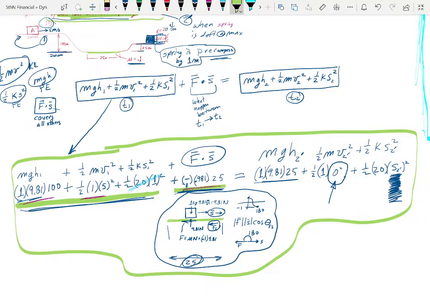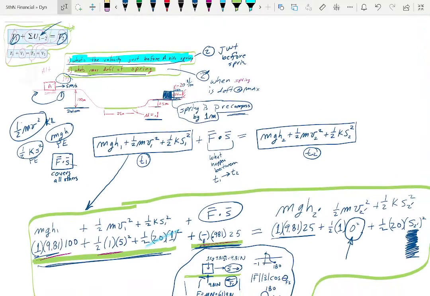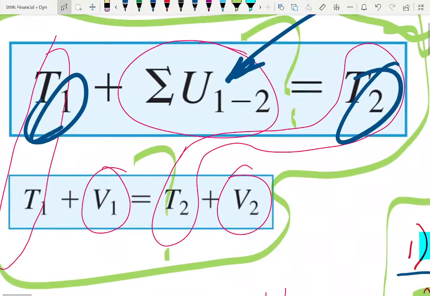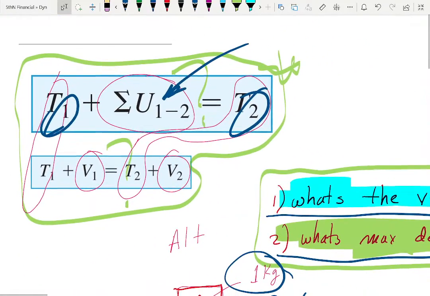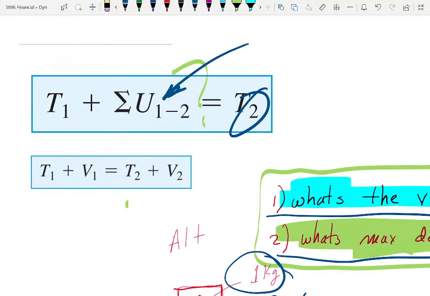Now, let me recap and say my approach to generally starting these problems. Okay, the approach is to look at these particular variables.